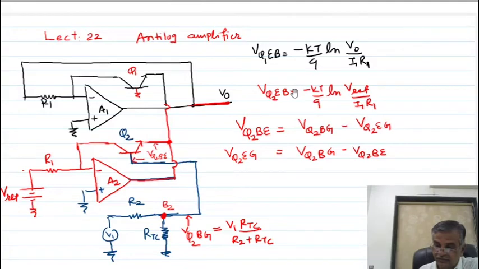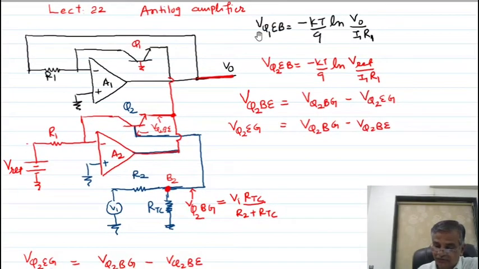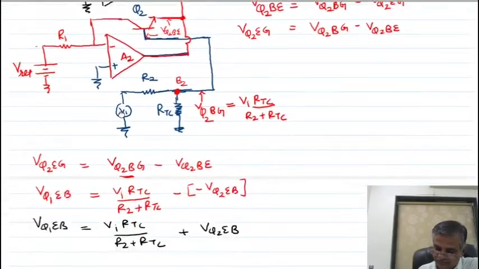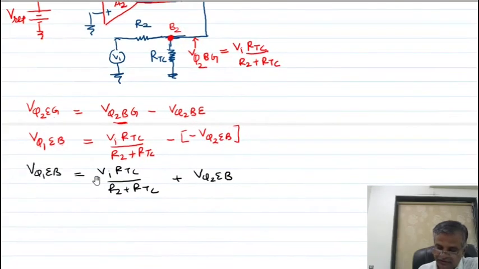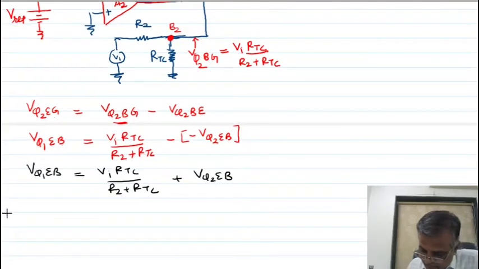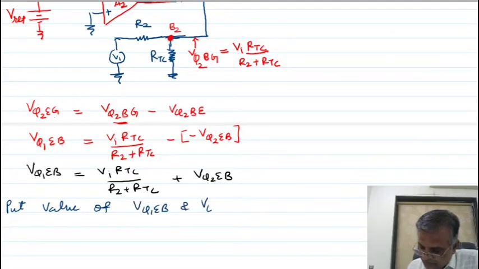So I am putting the value of the emitter base voltage, VQ1EB and VQ2EB from equation 1 and 2.